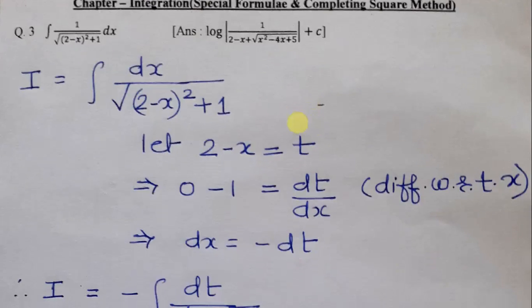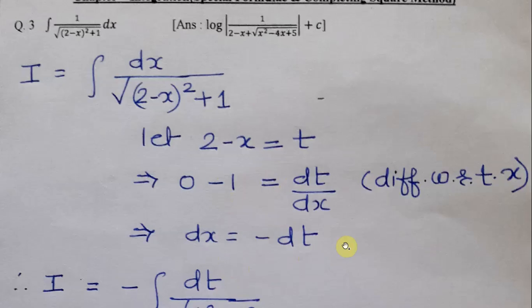We have given the integration of dx upon under root of 2 minus x whole power 2 plus 1. I am supposing 2 minus x as t; for some time take it as t. When we differentiate, 2 becomes 0, the differentiation of x is 1, and the differentiation of t with respect to x is dt upon dx. Now dx I transfer there, and the minus sign I put on dt, so dx is minus dt.